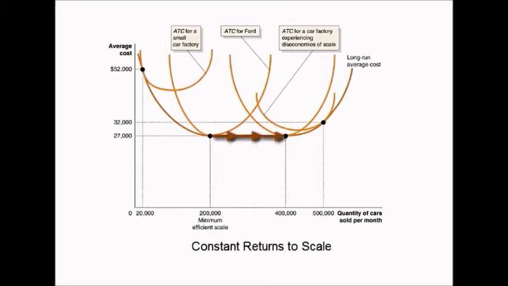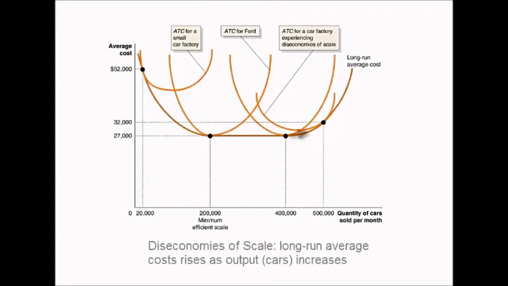Once again, this is known as constant returns to scale. And finally, if an automobile manufacturer produces over 400,000 cars, notice average costs are rising in the long run, and this is described as diseconomies of scale. But now we see the link between the short-run average costs and the long-run average costs.